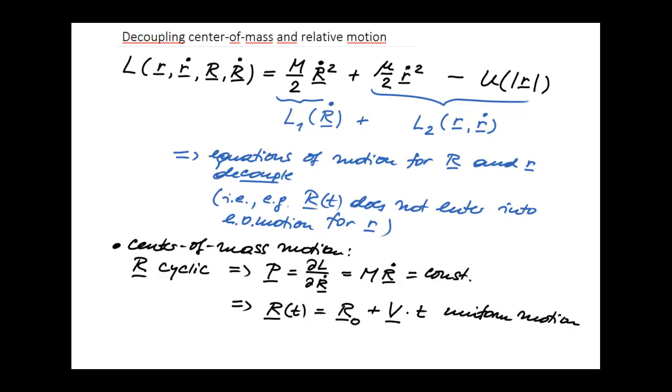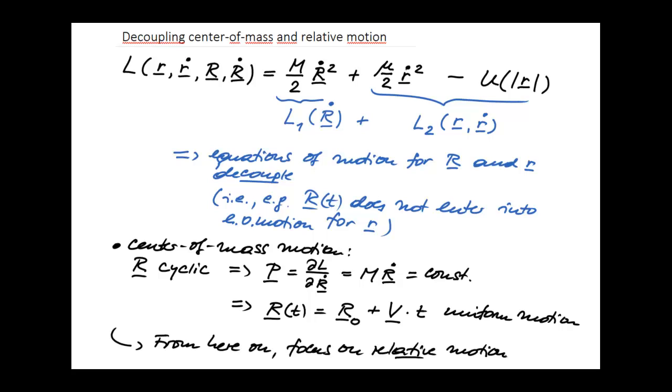The center of mass of a two-body system simply performs a uniform motion. It's a very simple dynamics. So all the interesting stuff is in the relative motion. So from here on we can really focus on the relative motion, which means the time dependence of the little r. That's where the interesting physics is.